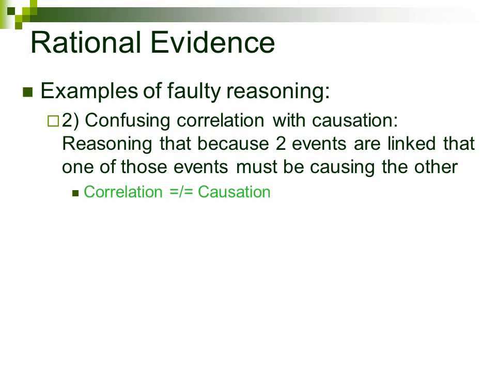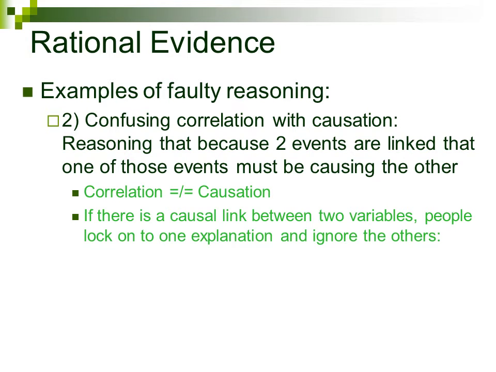We're going to talk more about this thinking error when we discuss correlational versus experimental studies in a couple of weeks. A related thinking error, though, is reasoning that if there is a causal link between the two variables, one explanation must be true while the others aren't considered.